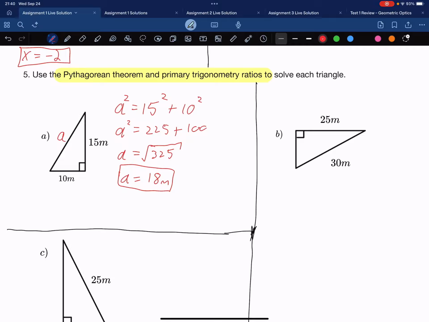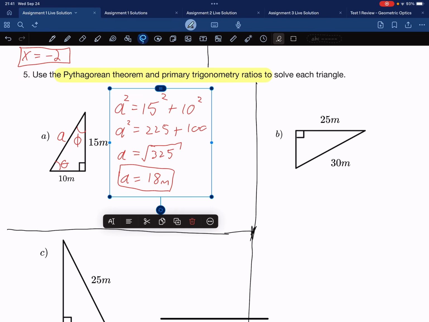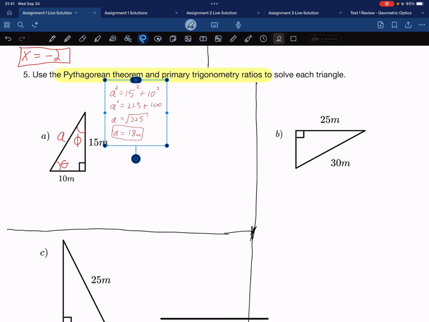So now, I must use primary trigonometric ratios to find the missing 2 angles. I'm going to call one theta. I'm going to call the other phi. And to give myself a bit more room, I'm just going to shrink this a bit. Put that over here.